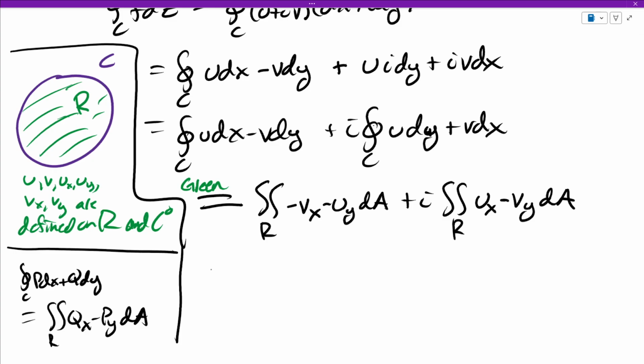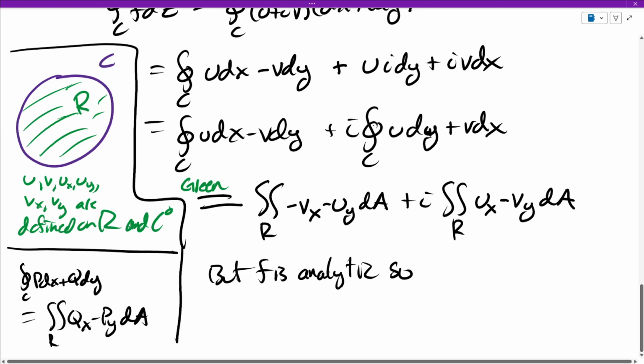All right, but f is analytic. So far, the only thing we've used is that the real and imaginary parts of f have partial derivatives that are continuous, and we've used that the domain is simply connected to see that all of them are defined in the interior of C. We haven't really used analytic yet, and we're going to use it now.